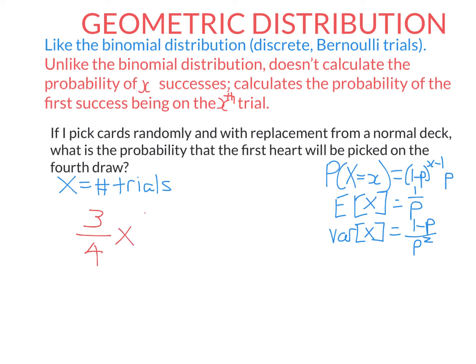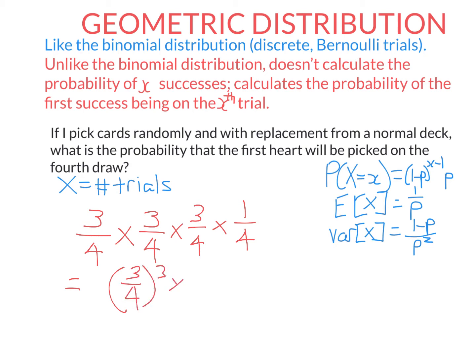Then the second draw is not a heart. Then the third draw is not a heart. And then the fourth draw is a heart. The first draw of a heart is on the fourth trial. So making this easier, we could write this as 3/4 to the power of 3 times 1/4.